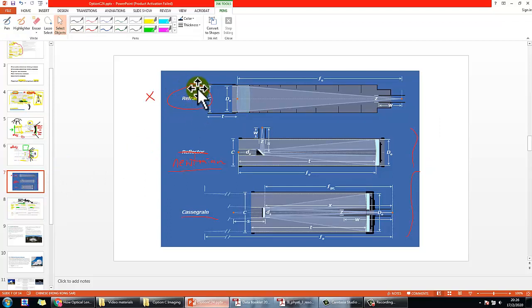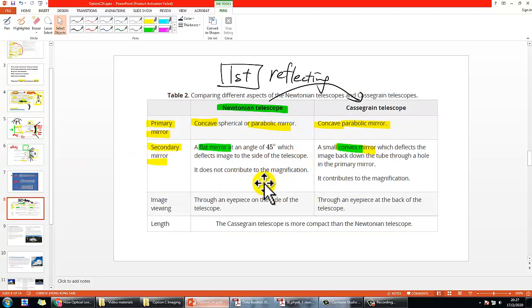If you pay attention to my comment on YouTube, last time I told you that Galileo is the first one who built the refracting telescope, and then Newton is the one who first built the reflecting telescope. So yeah, I don't know whether this is important. I think it's all right. And this one I mentioned it for Newtonian, you see at the side. Cassegrain you see at the back, and the length is usually more compact for Cassegrain.